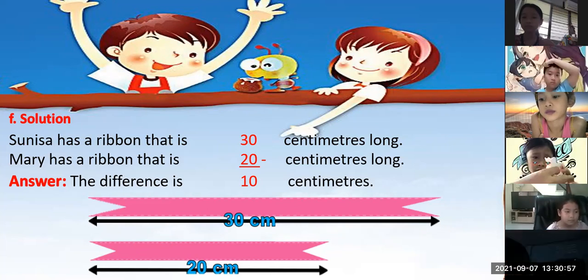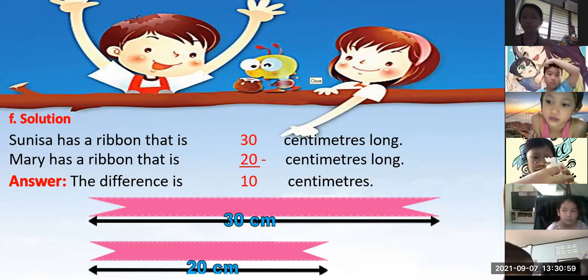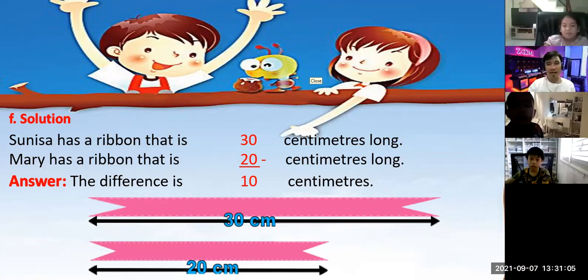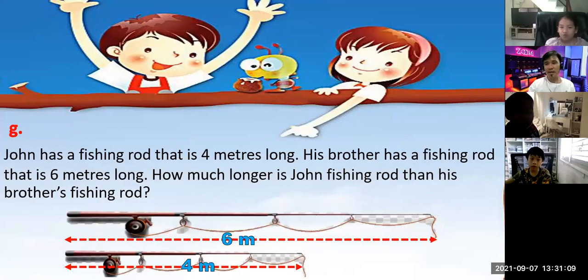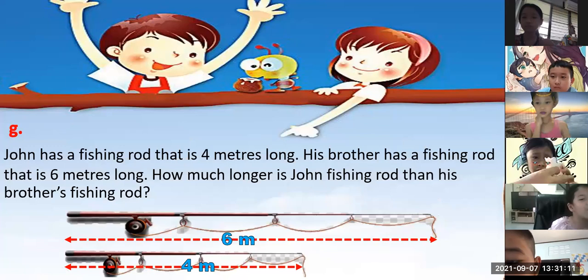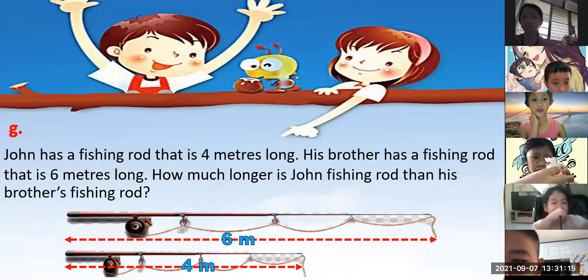Everybody will read. Now, unmute your microphone. Are you ready? I'm ready. Yes. Okay, here we go. Yes. Yes. Letter G. Ready? Go. John has has a a fish fishing rod rod that that is is long.